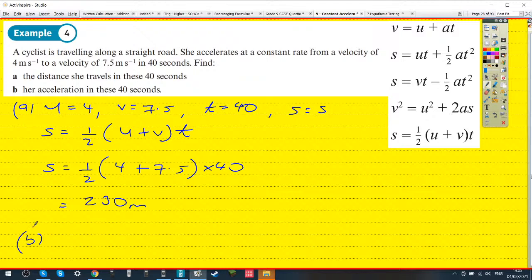So we could use v equals u plus at. So I would just do v equals u plus at, and then I would sub in everything, and your calculator can take care of it. Okay. Yeah, and use x for a. Go on, give it a go.